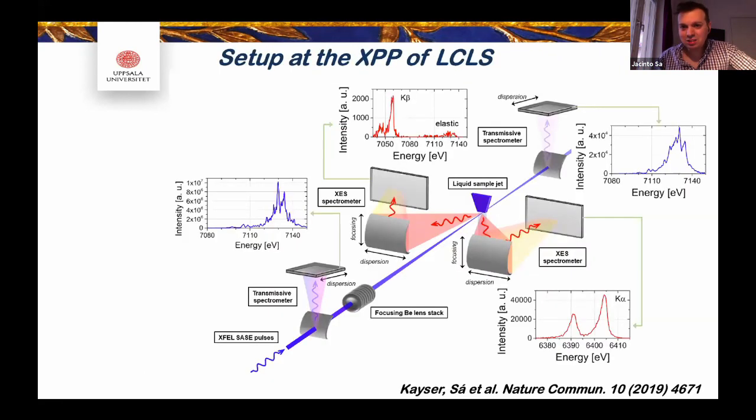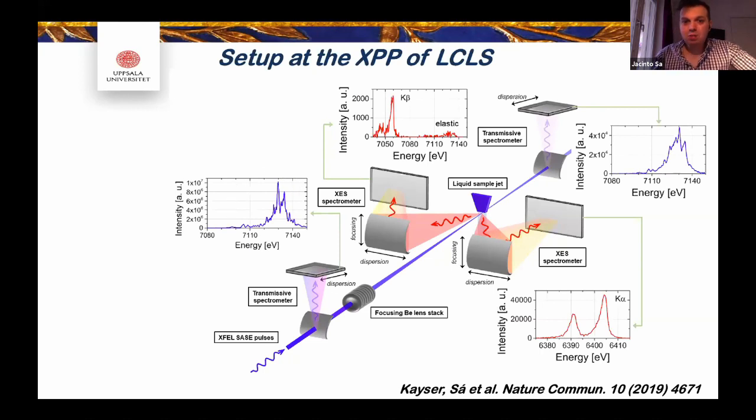So this is the setup that was put at the LCLS on the XPP beamline. We had to develop a crystal that would be almost 100% transparent, but not 100%, so we could actually measure what the spectrum of the pulse is on a shot-to-shot basis.